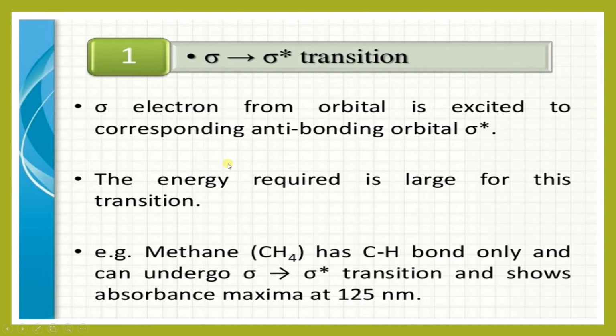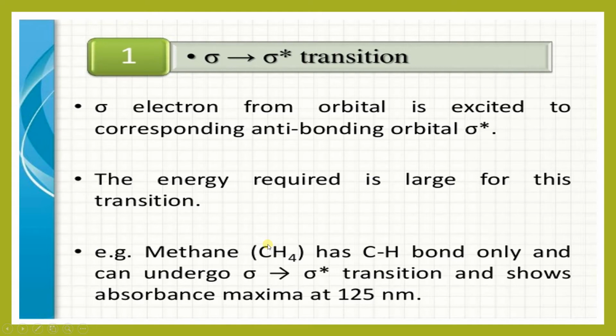So organic compounds in which all the valence electrons are involved in the formation of sigma bonds do not show absorption in the normal UV region, that is, 180 to 400 nanometers. The energy required for this transition is large.